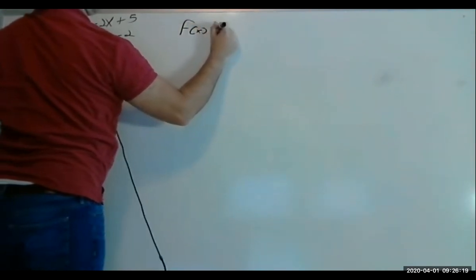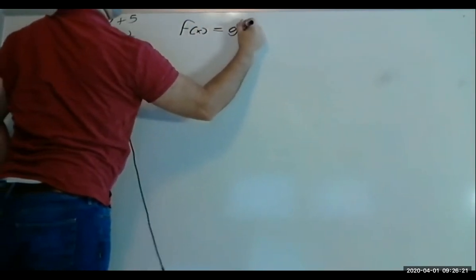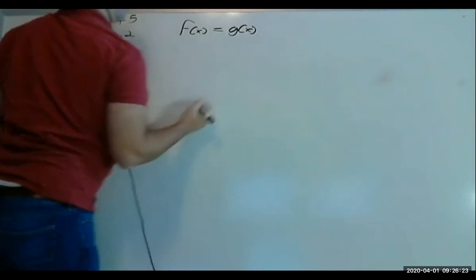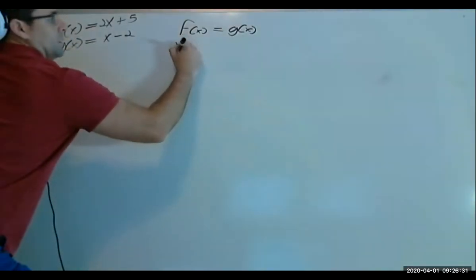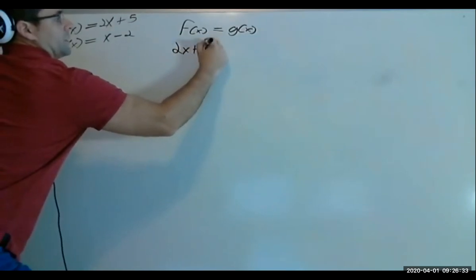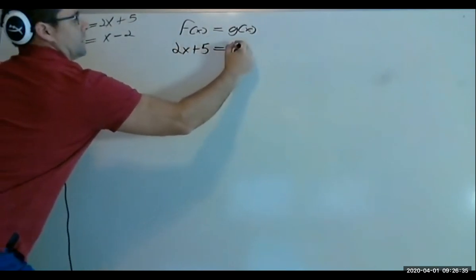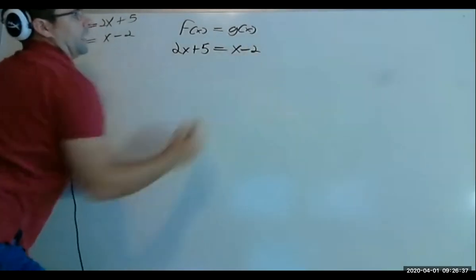All this means is that we take this thing and set it equal to that one. So 2x plus 5 equals x minus 2.